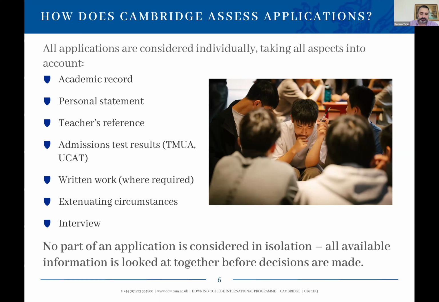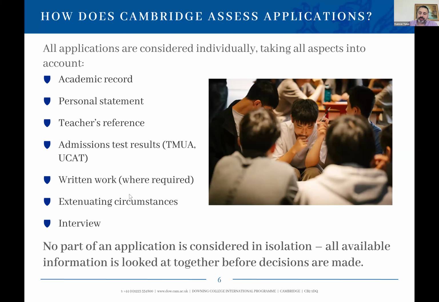So, for example, for computer science, we receive over 2,500 applications. And what we will be doing is looking at your score and comparing it against all of those students which have applied for computer science. And if you're within the top 20% against the gathered field, your application will be considered to be competitive.